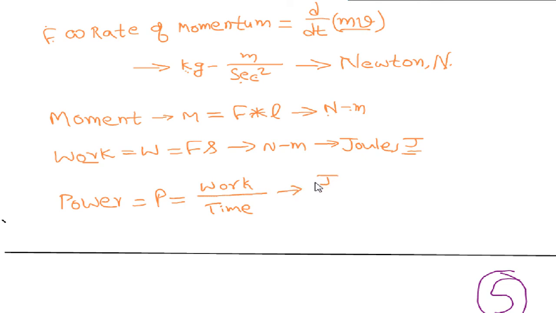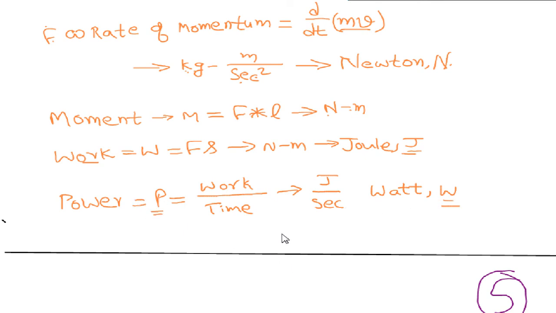Work, we have seen, is measured in joules and time in seconds. So this power P has units joules per second, and it is given a name, watt, and a symbol W. So the units of power are watts.